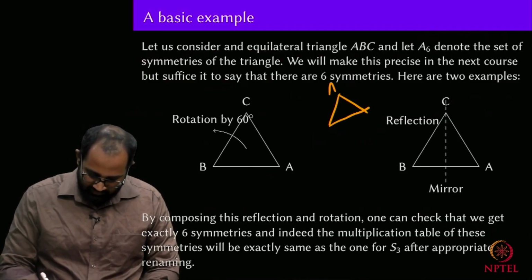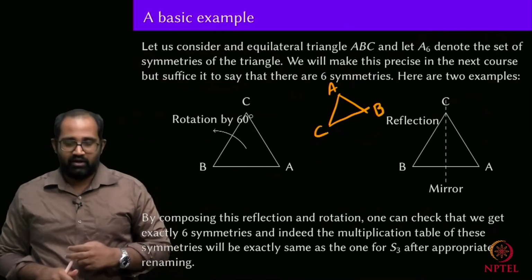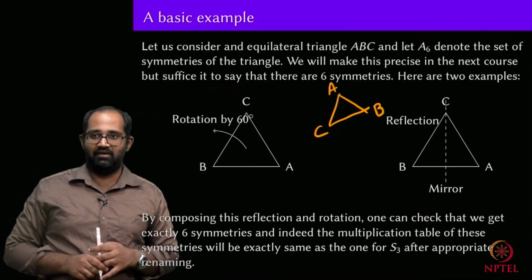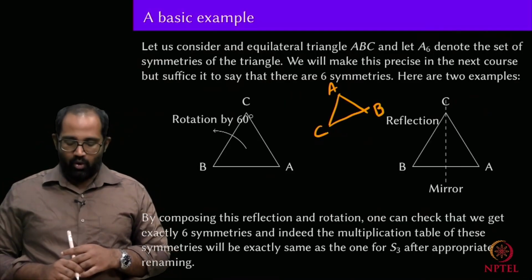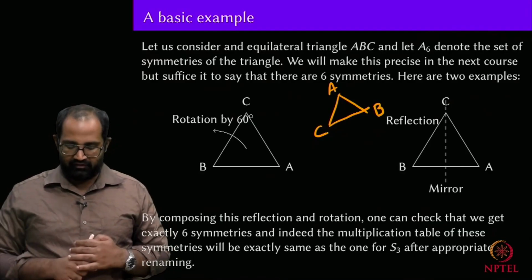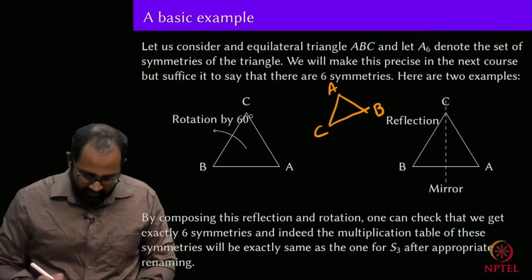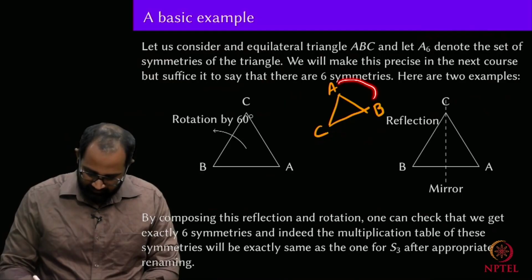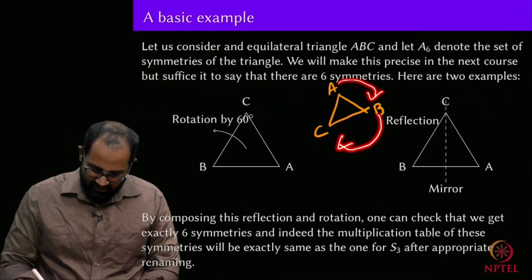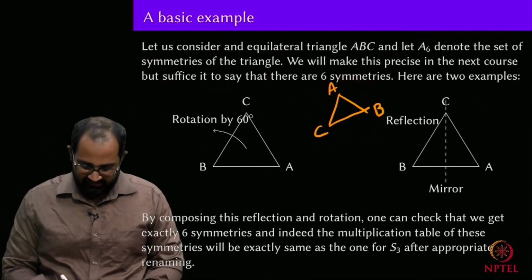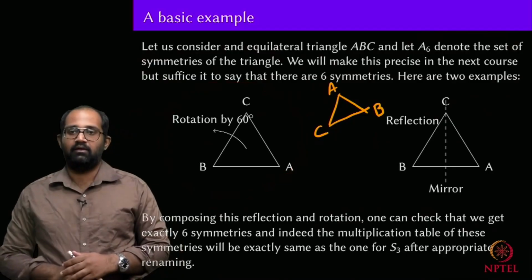I want A, B, C, yeah, okay. So, the convention for some weird reason in mathematics at an advanced level is to always proceed counterclockwise. So, B must come after A and C must come after B. Okay. So, now when you rotate by 60 degrees counterclockwise, A will move here, B will move here and C will move here. And this is rotation by 60 degrees, this is the resultant triangle.